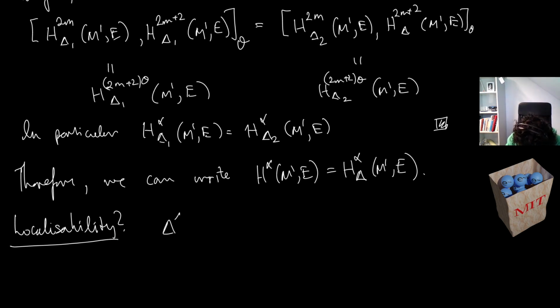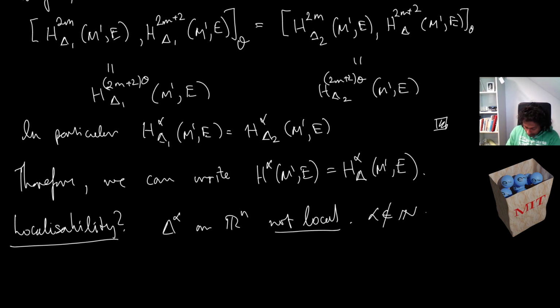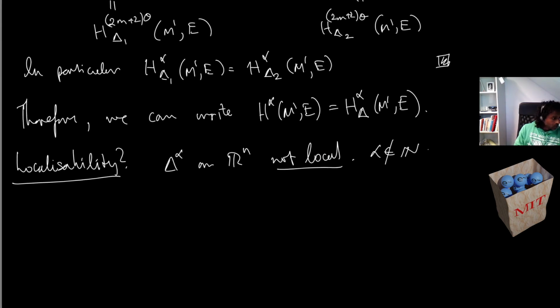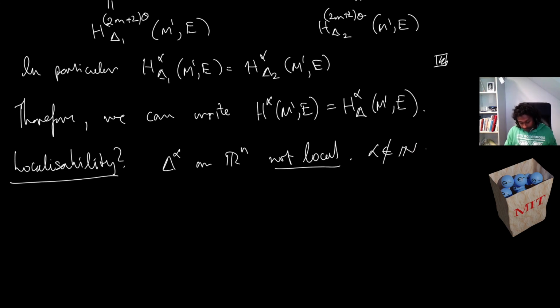So Δ^α on R^n is not local for α outside of the natural numbers. So what can we do? Actually, interpolation theory can also be used to try and do a localization. It's quite remarkable that this actually works.